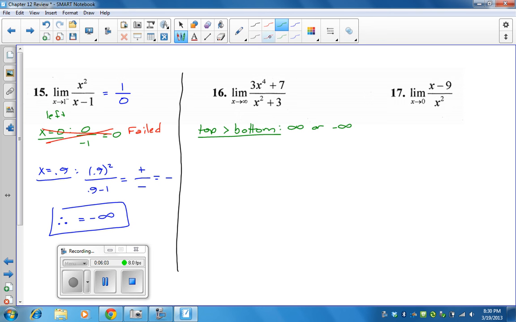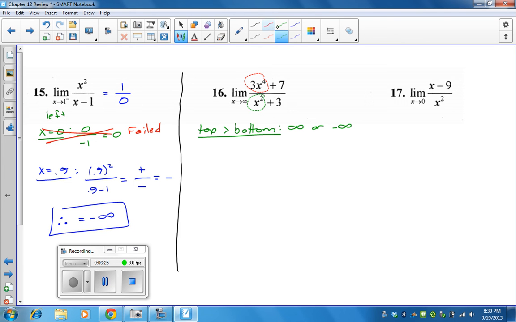Now, I'll look at the powerful terms. My powerful term on top is 3x to the 4th. Plus 7 isn't going to matter much. If I have 3 times infinity to the 4th power, adding 7 to it isn't going to make a difference. Same thing on bottom. If I have infinity squared, adding 3 to infinity squared is not going to make a difference.